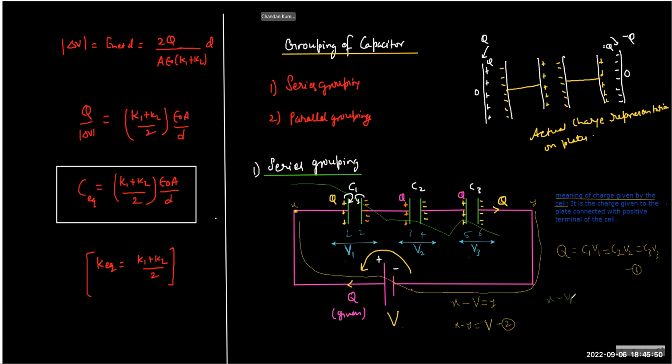V1. And when you cross the next one, again there's a drop, V2. Then again there's a drop, V3. And after three drops, you are exactly at Y. So X minus Y we can also write as V1 plus V2 plus V3. So basically the sum of potentials is nothing but the voltage of the cell.